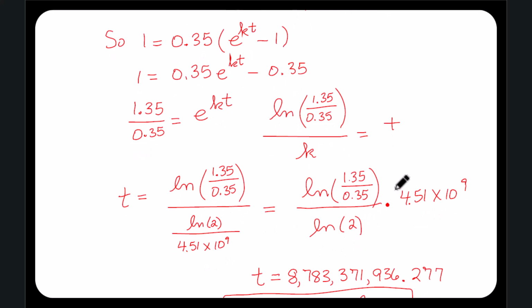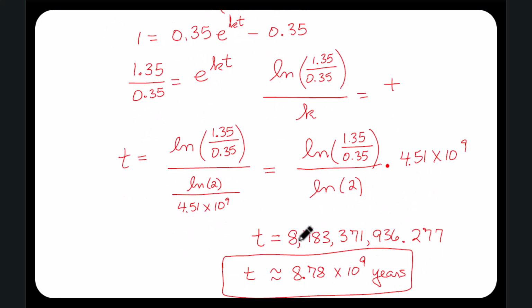And so I fill in what we previously found for k, flip this thing over, and then calculate this. Get a rather big number for time, but if you put it in scientific notation and keep it at 2 decimal places, you get 8.78 times 10 to the 9th years.